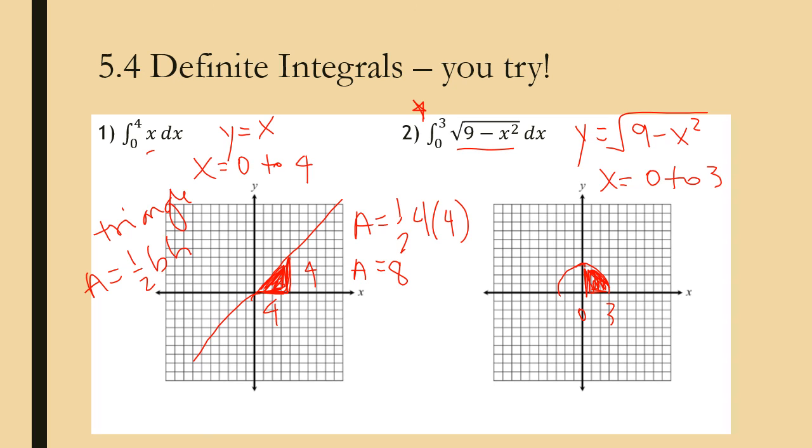So it's not a half circle this time, it is a quarter circle. So our area is going to be 1/4 pi r squared, 1/4 pi 3 squared, and that turns out to be 7.1.